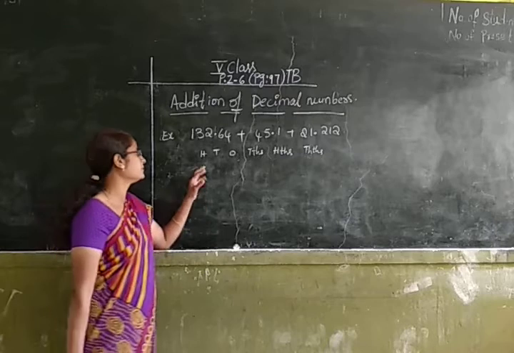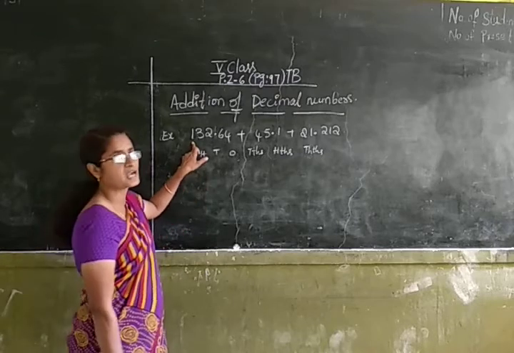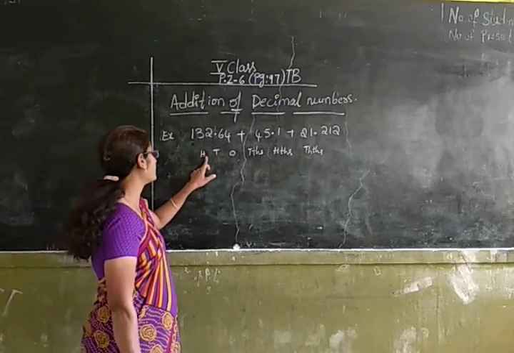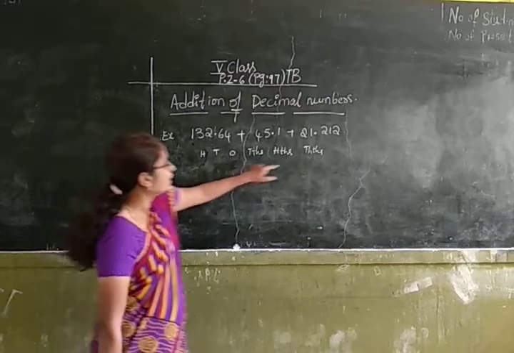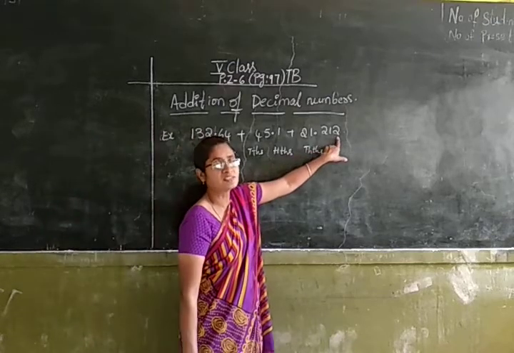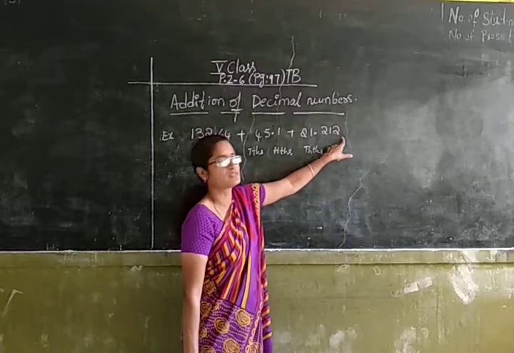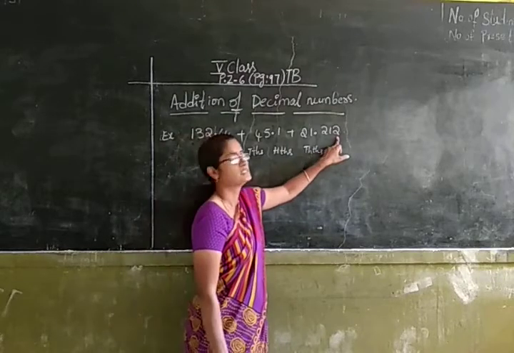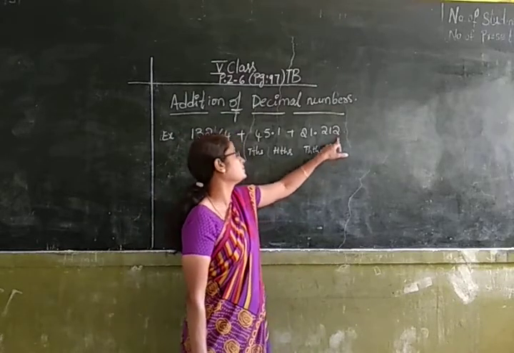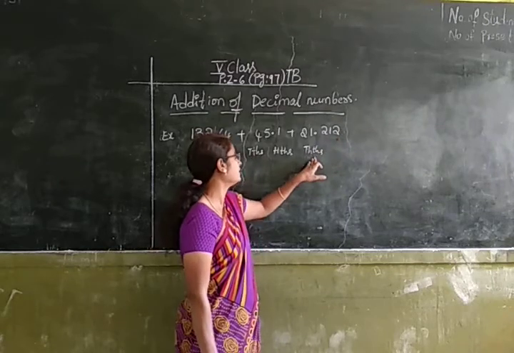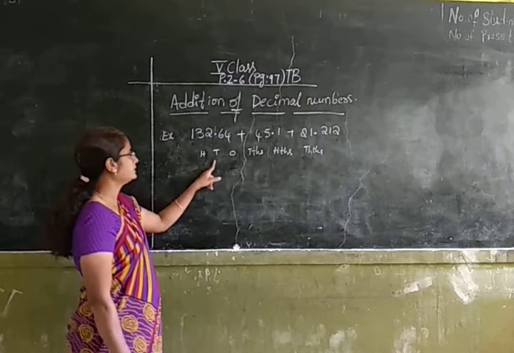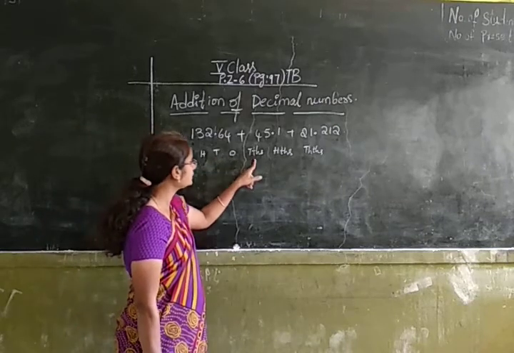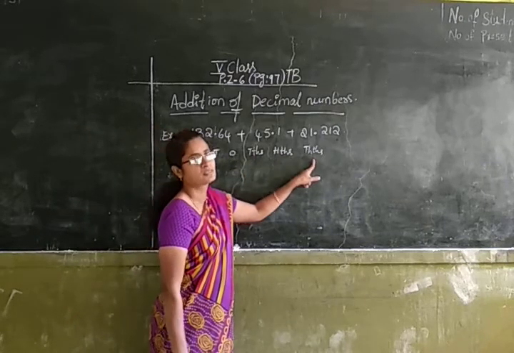I have started writing places from hundreds, tens, ones, and this number is having up to thousandths in decimal place. So I have written the places up to thousandths.